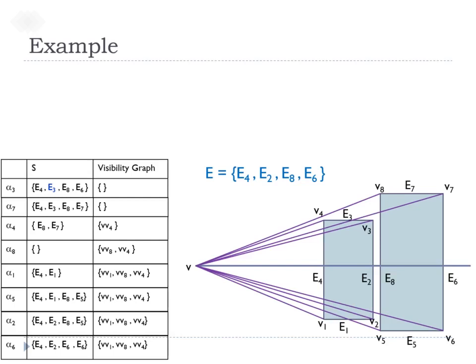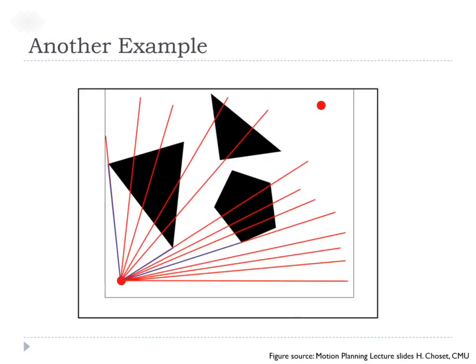In this way, we move ahead and find out visibility edges from each of the vertices and locations. Let us consider this example where we have to plan a path between a starting point shown here to a goal point which is shown here.